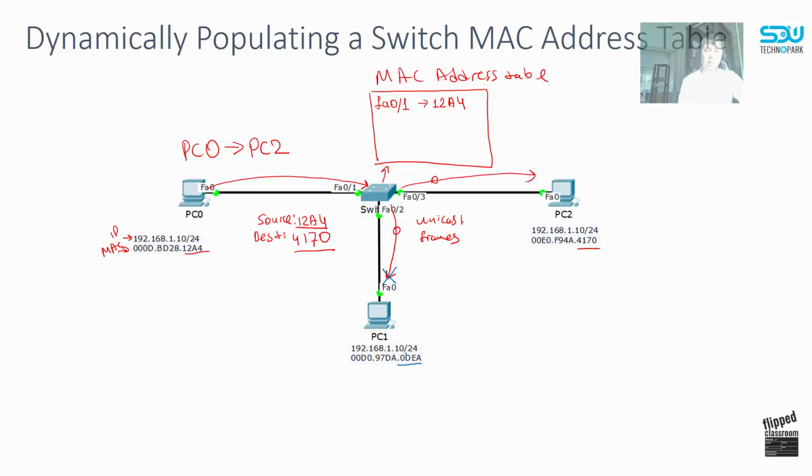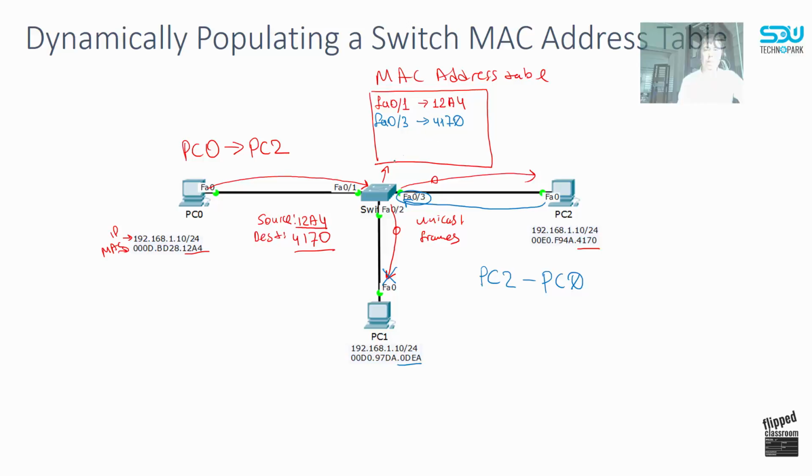The addresses are not the same, so PC2 will give the answer: the answer from PC2 to PC0. When the answer comes to the switch through port FA03, the switch immediately writes the information that this port is connected to MAC address 4170.